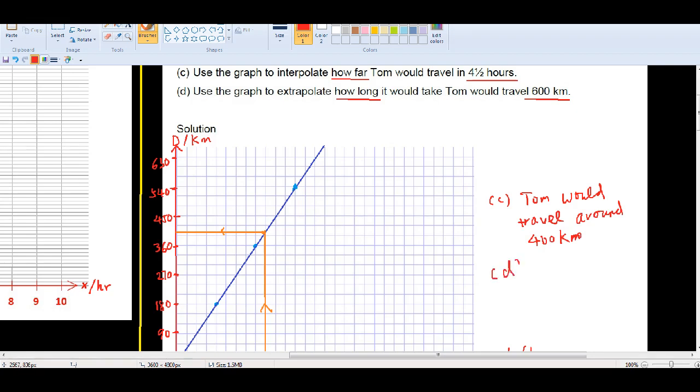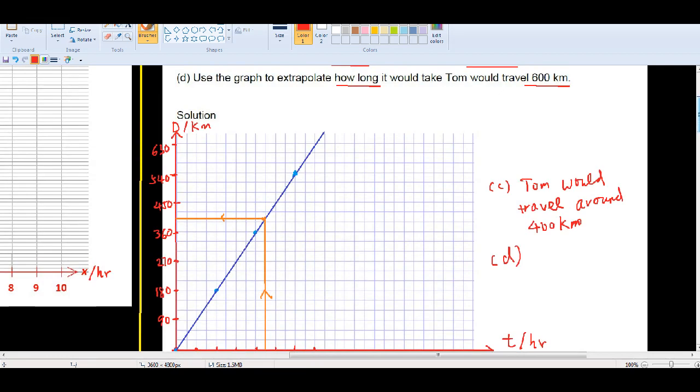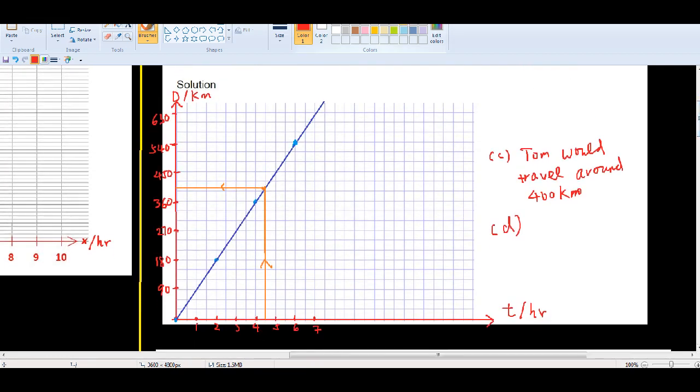Okay, so how about D? For this 600 kilometers, you need to find the time. So 600 is 1 unit below 630. Let me draw the line here, and then I'm going to move that towards the y-axis this time.